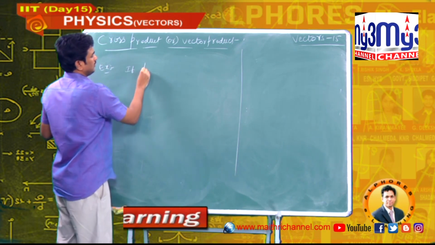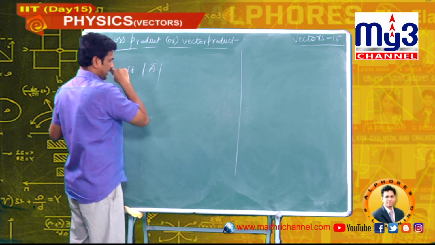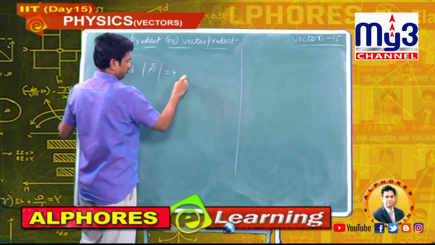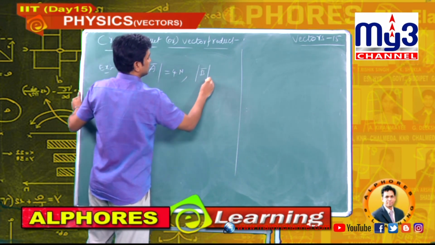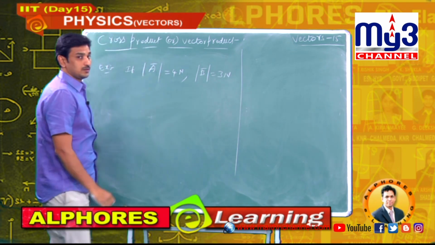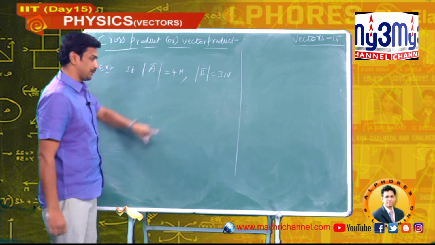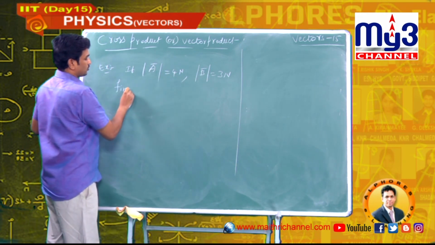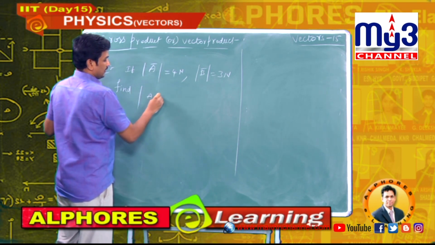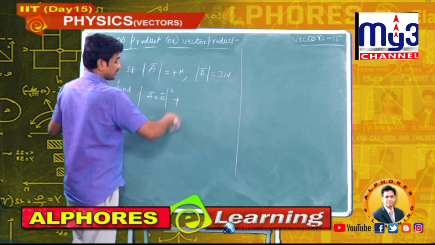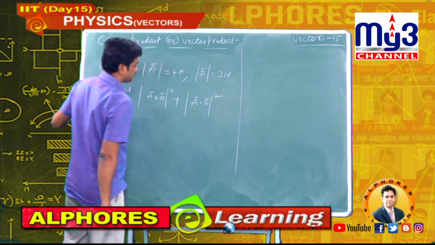If mod A bar is equal to 4 newtons like a force, mod B bar is equal to 3 newtons. So A bar magnitude 4, B bar magnitude is 3 given in the question. Now they are asking us to calculate mod of A cross B whole square plus mod of A bar dot B whole square.